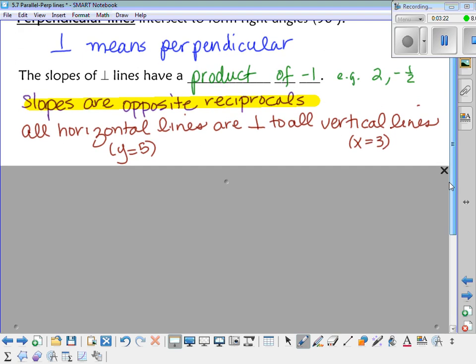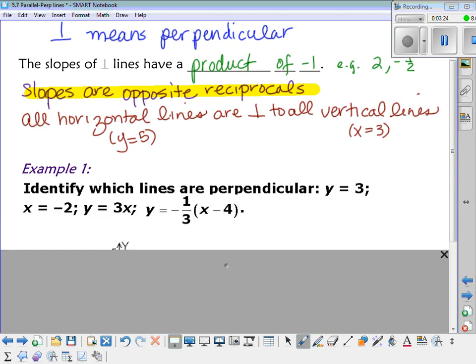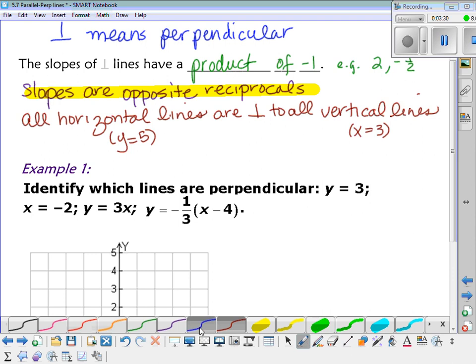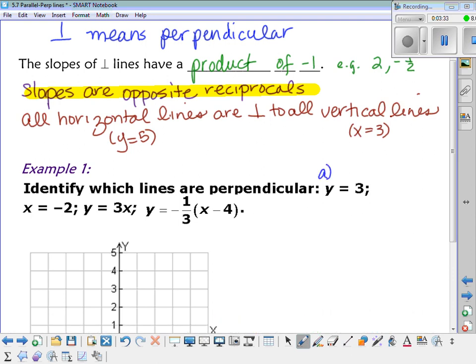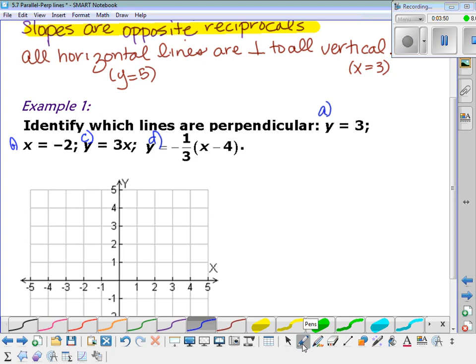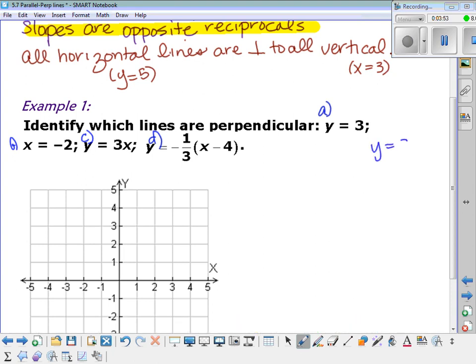Okay. All right, so this first example, we're going to identify which lines are perpendicular. I'm going to do like I did before. I'm going to label them. We'll call that line A, line B, C, and D. Okay, so again, if you can't remember what's vertical and what's horizontal, and you want to figure out how to graph a line, so suppose I want to graph y equals 3, you can always make yourself a table and put nothing but 3 in for y, and just put random numbers for x.